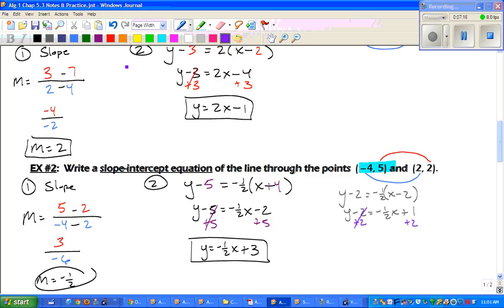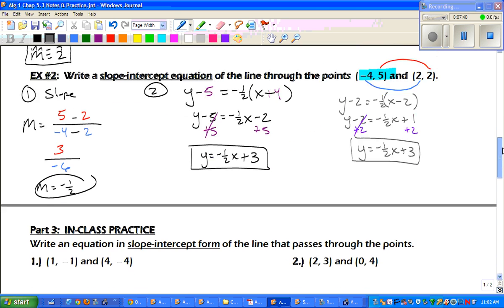Add 2 to both sides, and voila, negative 1/2 x plus 3. Okay, so we're talking about the same equation. If it's got a slope, it's got to go through both of those points. So no matter which one you pick, you're going to get the same answer. Okay?